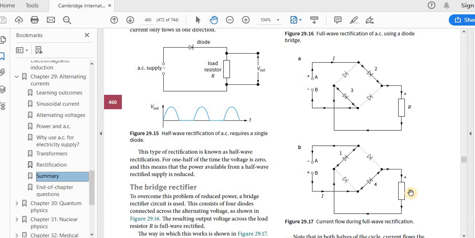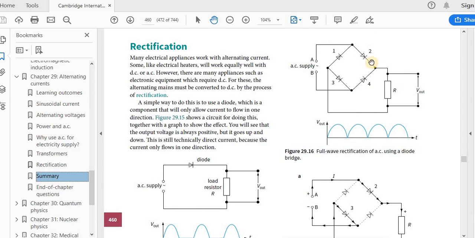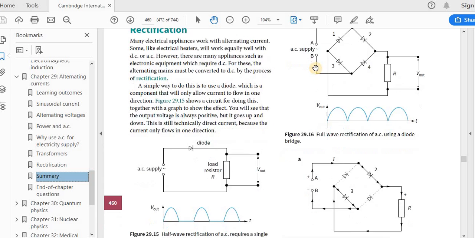But what you can see is over here always the current flows down. No matter which direction the current flows, to the left or to the right, always it will flow in one direction over here. So using this bridge of 4 diodes, you convert alternating current to direct current.